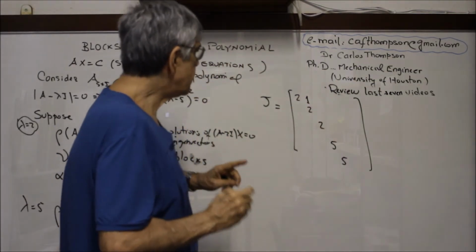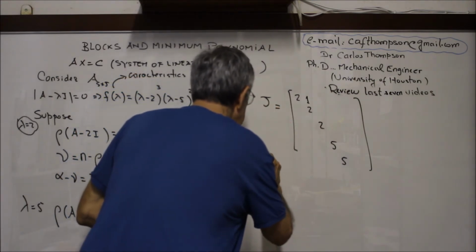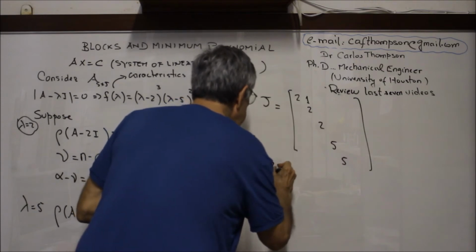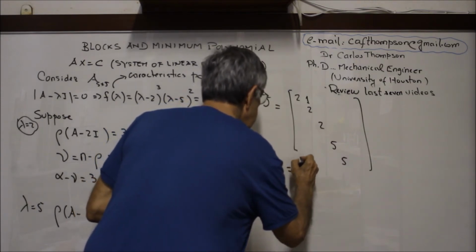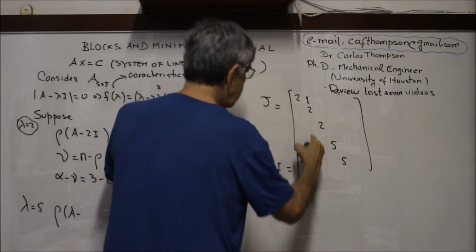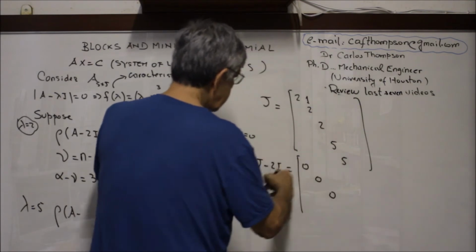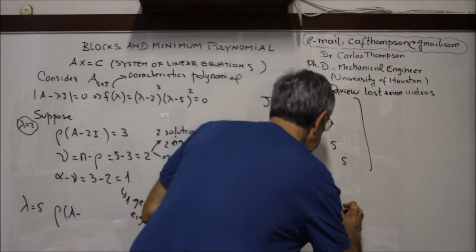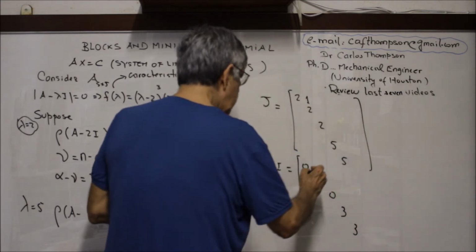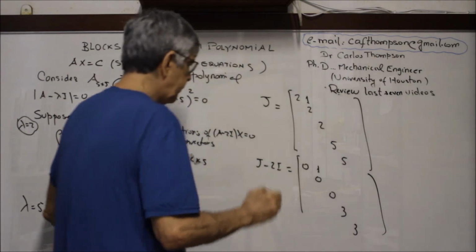Now, imagine one thing. J minus lambda I, put 2I here, is equal to 0, 0, 0, 0, 0, 0. Here 5 minus 2 is 3, 5 minus 2 is 3. Let one be here.